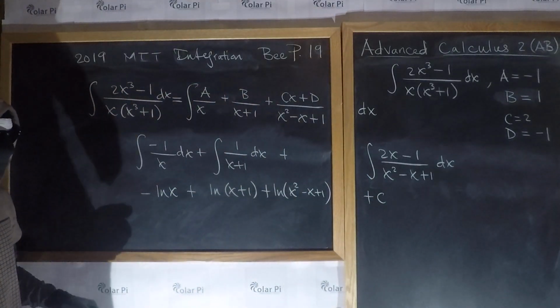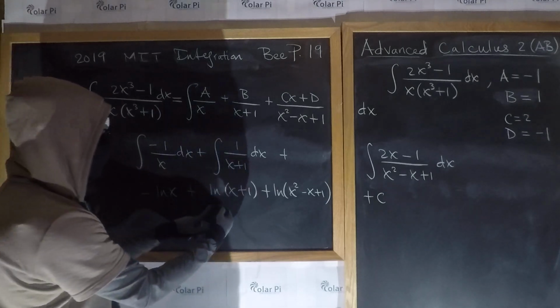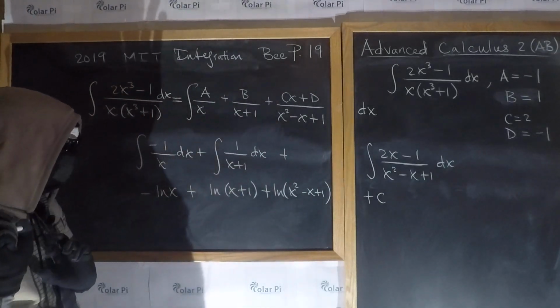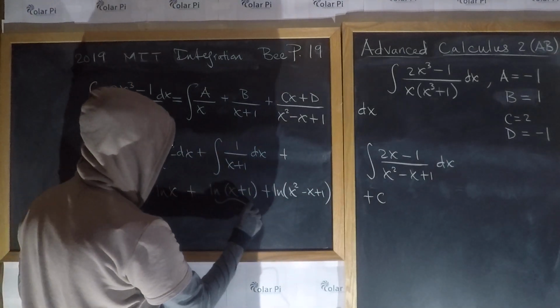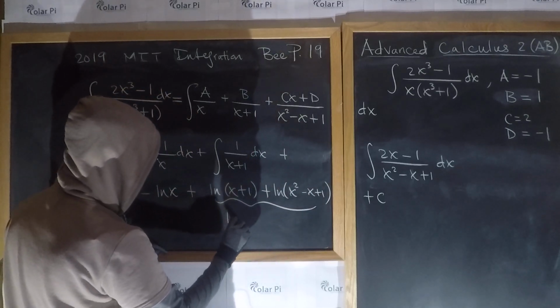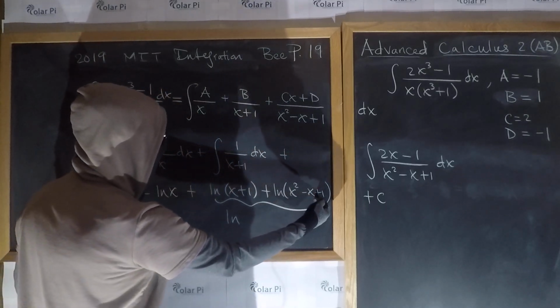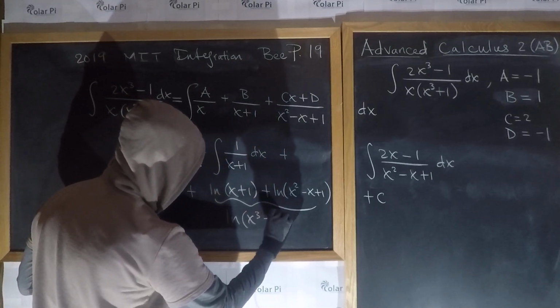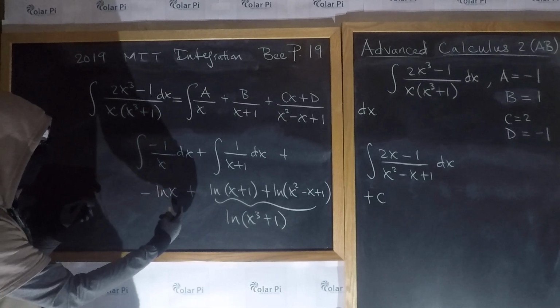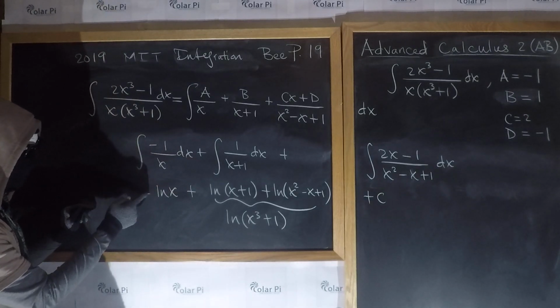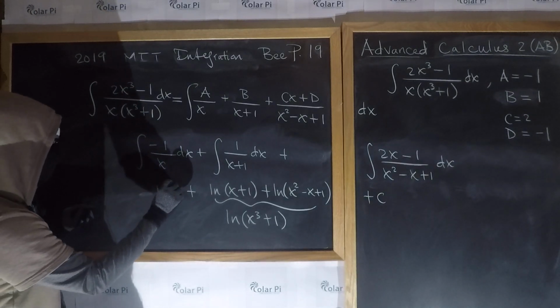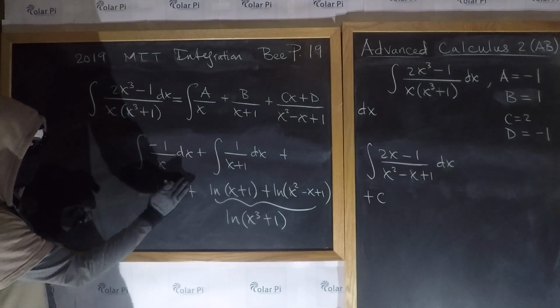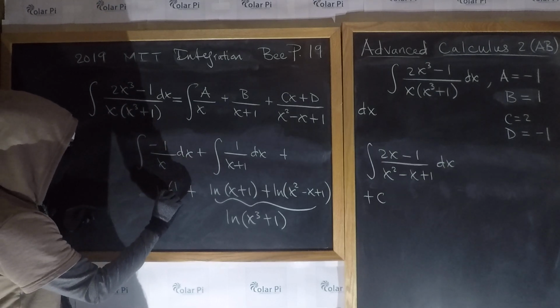So this is our final answer, only we can use log rules to combine this, right? The log product rule would allow us to write this as the natural log of (x plus 1) times (x squared minus x plus 1), which is x cubed plus 1, right? And then this here, minus ln of x, is the same as ln of x to the negative 1, which is the same as ln of 1 over x.